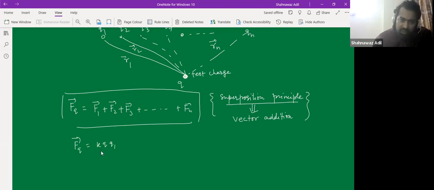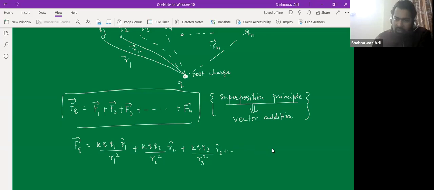KQQ1 divided by R1 square, R1 hat, plus KQQ2 divided by R2 square, R2 hat, plus KQQ3 by R3 square, R3 hat, and so on, and you have KQQn Rn hat divided by Rn square.